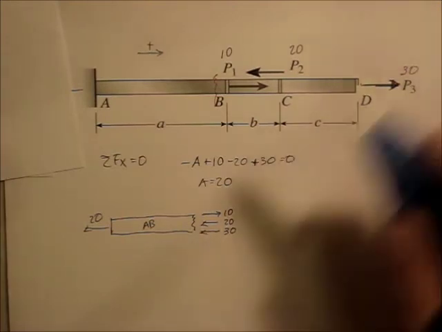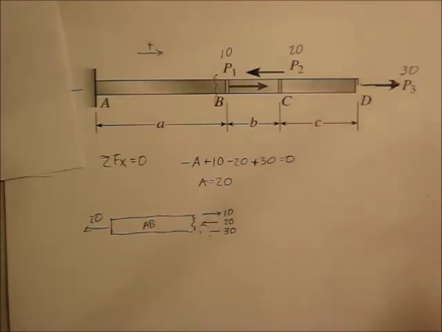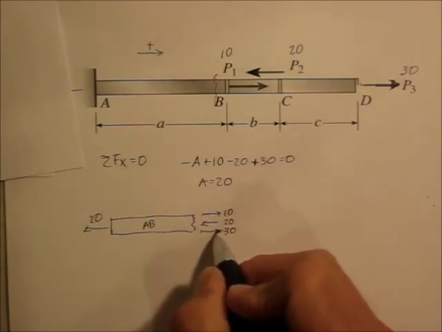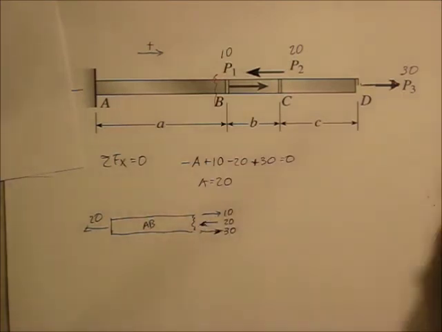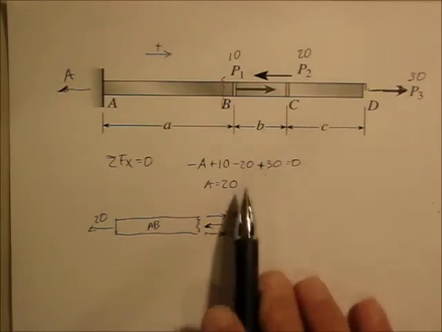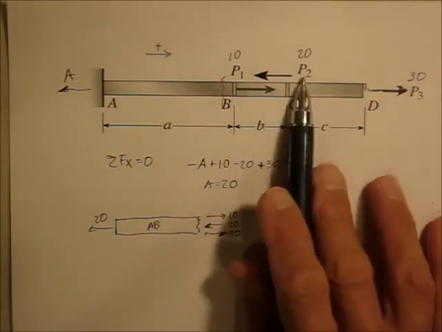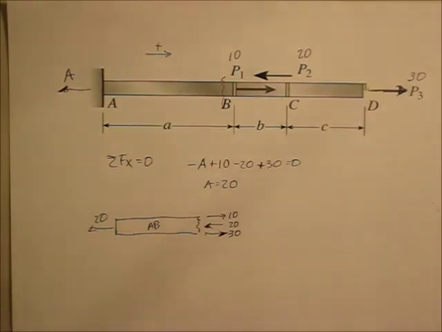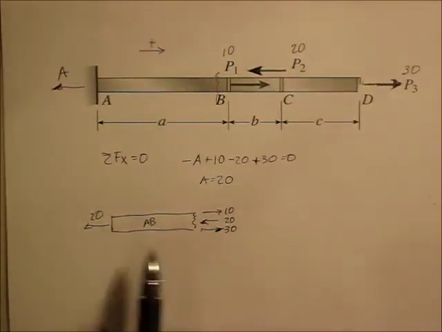So now I'll go back and correct that. There we go. Now I should be straight. So here I've got plus 10, minus 20, plus 30. All right, so now back to the section.